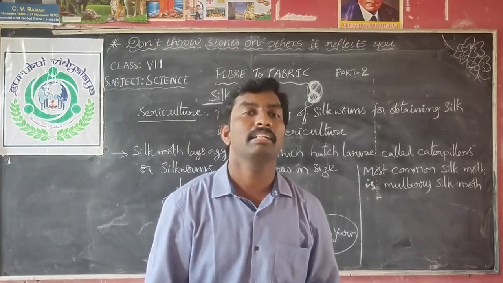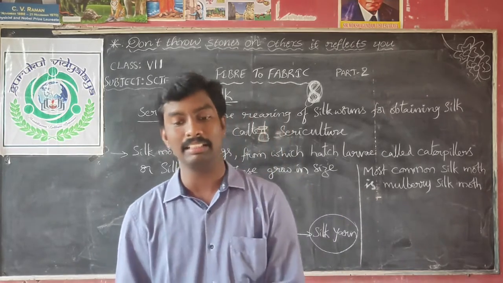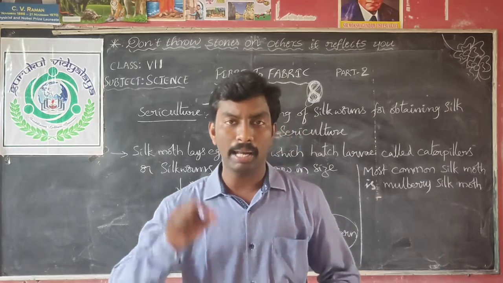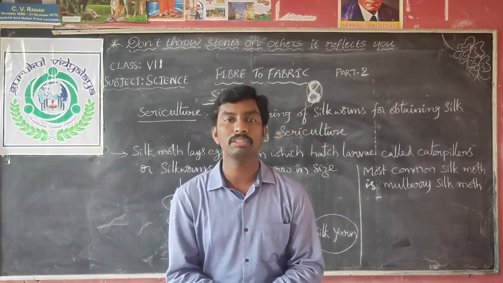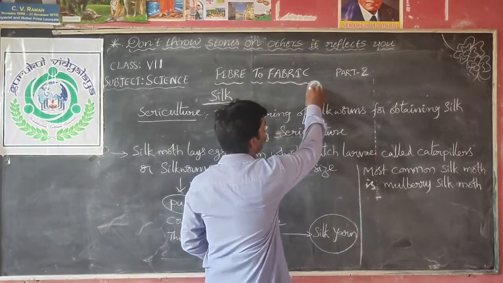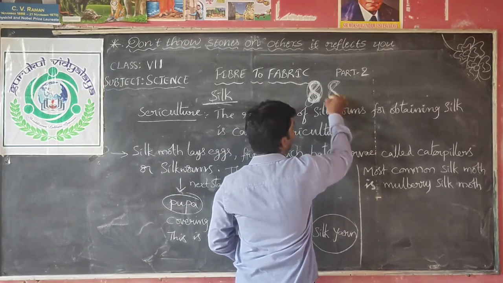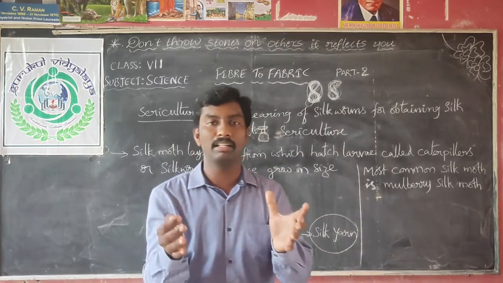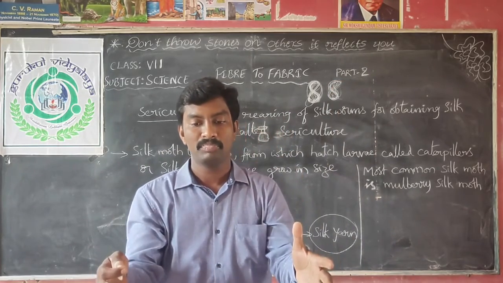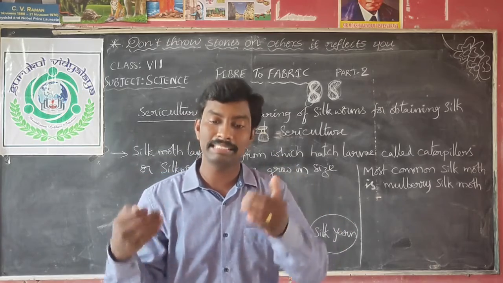Here, to understand the processing of silk, a pile of cocoons is used for obtaining silk fiber. A pile of cocoons means if many cocoons of this type are there, all these cocoons are kept like a pile, and from that we will obtain the silk fiber.